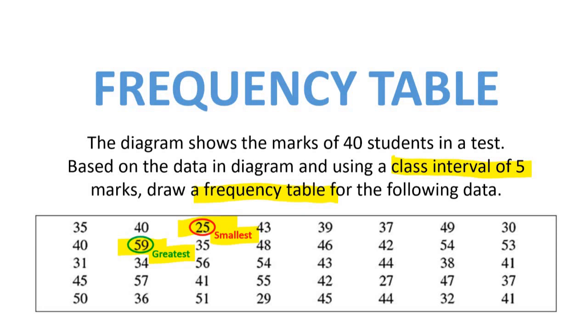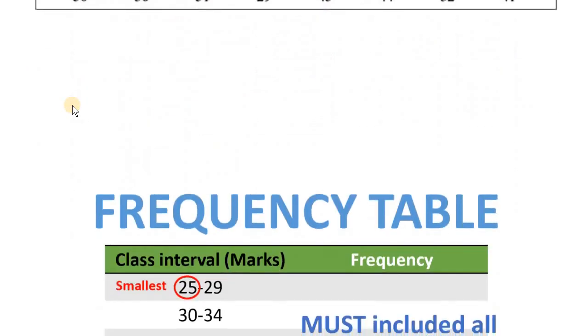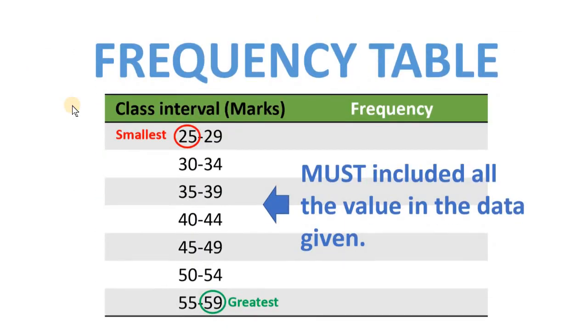Okay, now let's see. This is already done. You see the smallest value is 25, so I start at 25 and end at 59. Each class interval actually consists of 5 numbers: 25, 26, 27, 28 and 29.